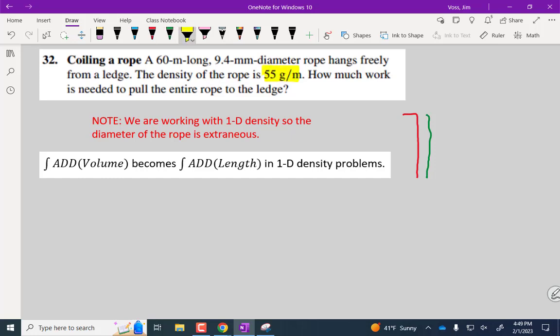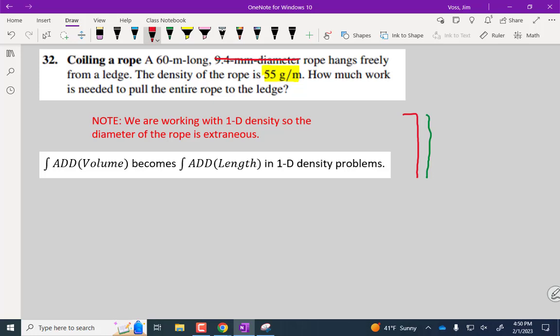Is that a 1D density or a 3D density? 1D density, which tells us instantly that we're dealing with a one-dimensional case, so this diameter is completely unnecessary. If the diameter of the rope mattered, then the density would have to be given in grams per cubic meter. It would have to be given in 3 dimensions, which we can't do yet.